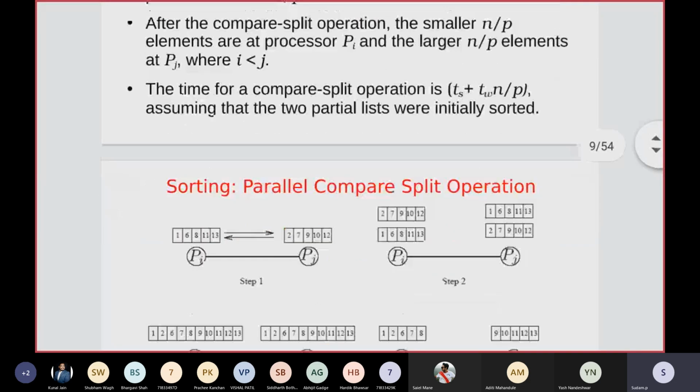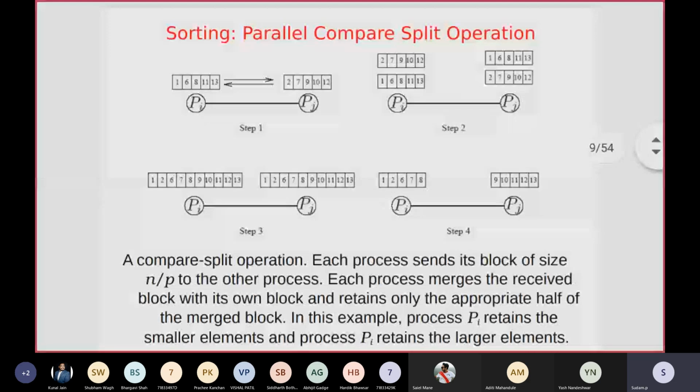The same example is illustrated here, the parallel compare split operation, also called sorting, in which there are more than one element per processing element. We consider only two processors, Pi and Pj, with i as 0 and j as 1, P0 and P1.